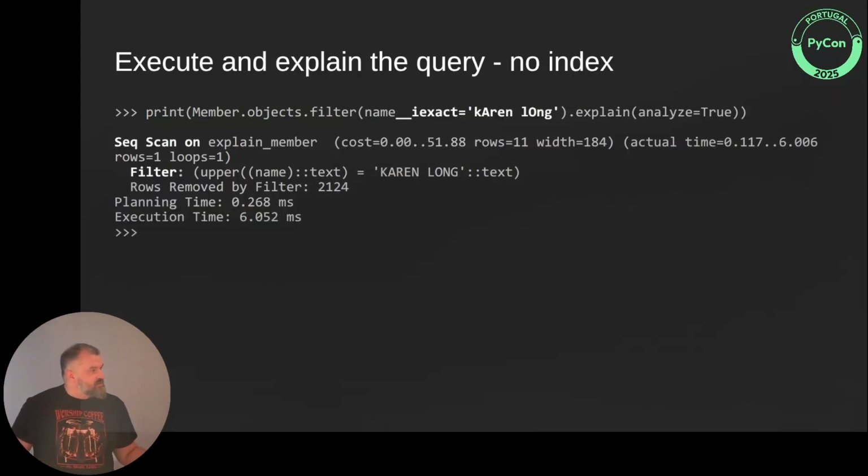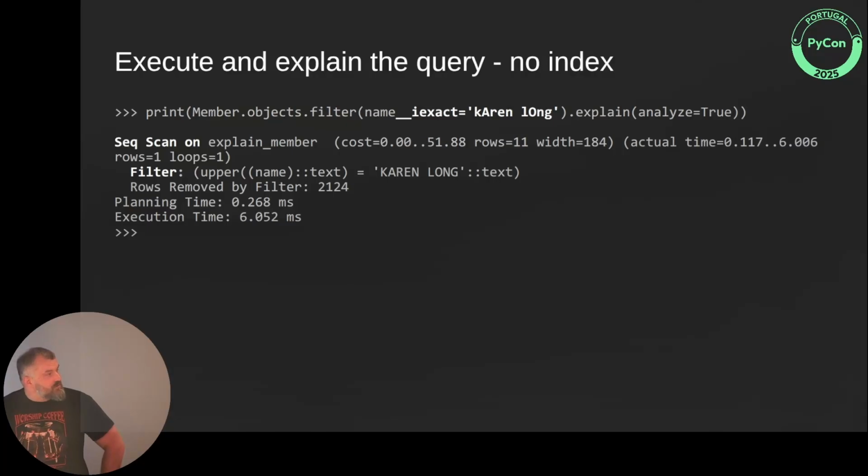Sometimes we get input where the case is not correct. If we try to do a case insensitive search, then instead of using the index, even though we know that we had an index on the name, it's actually going through the whole table and scanning the whole table. So it's going to be slower most of the time.